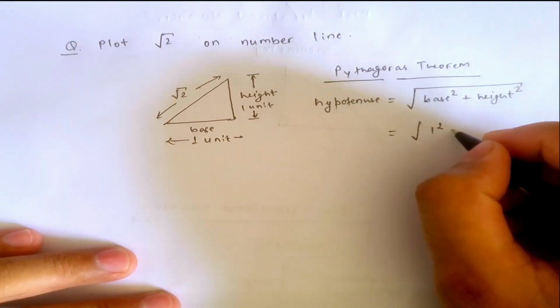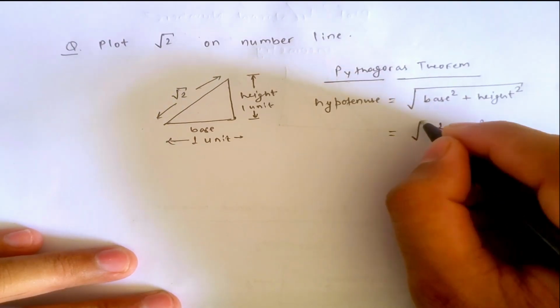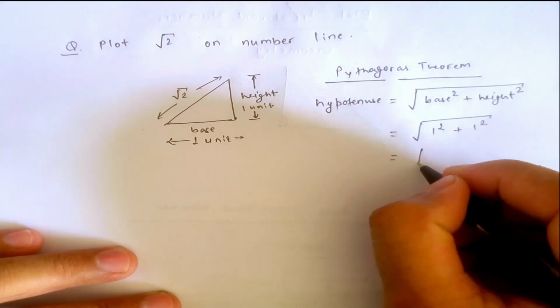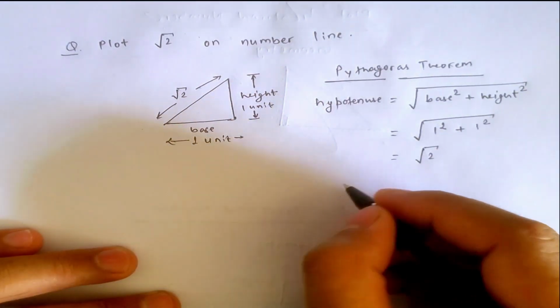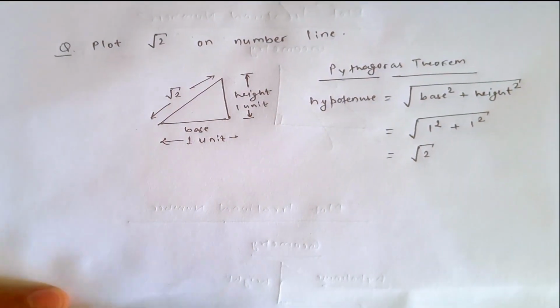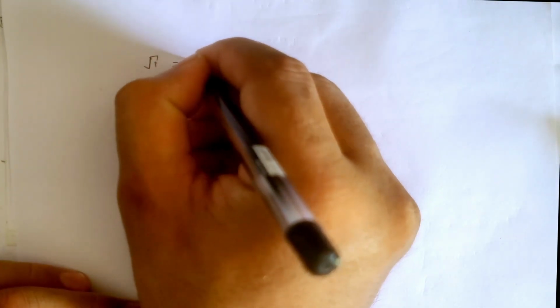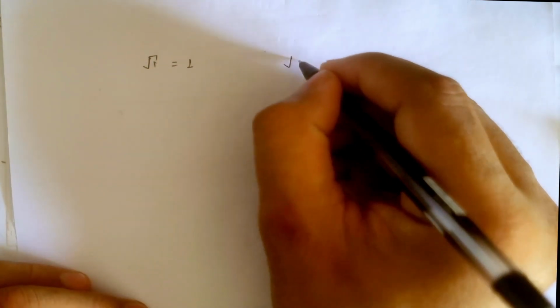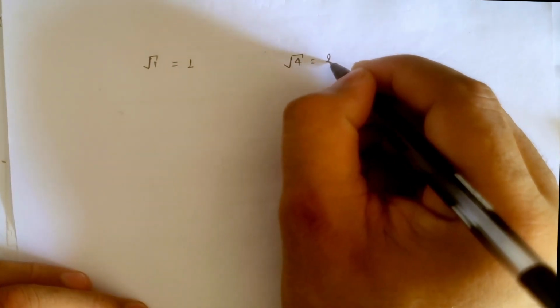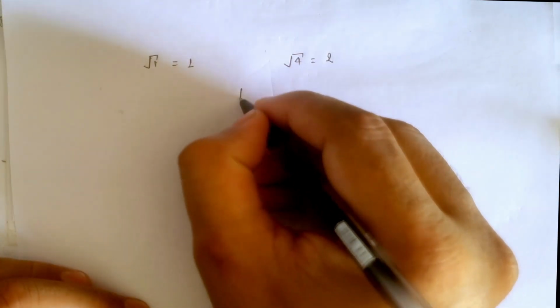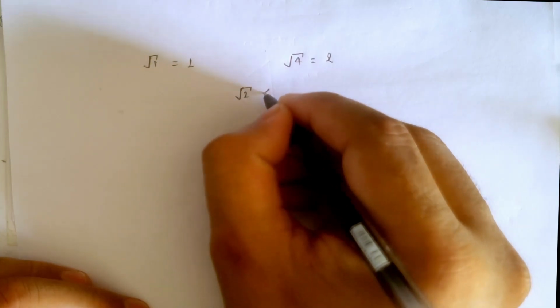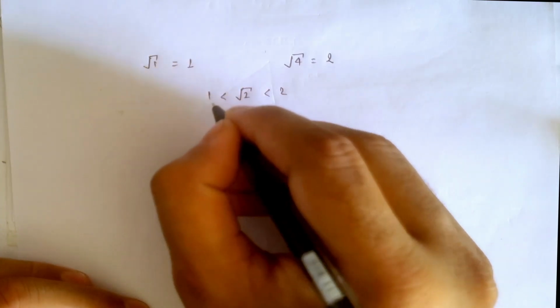So when we use height and base 1, our hypotenuse is going to be square root 2. So let's plot. We know that square root of 1 is equal to 1 and square root of 4 is equal to 2. So square root of 2 is going to be in between 1 and 2.